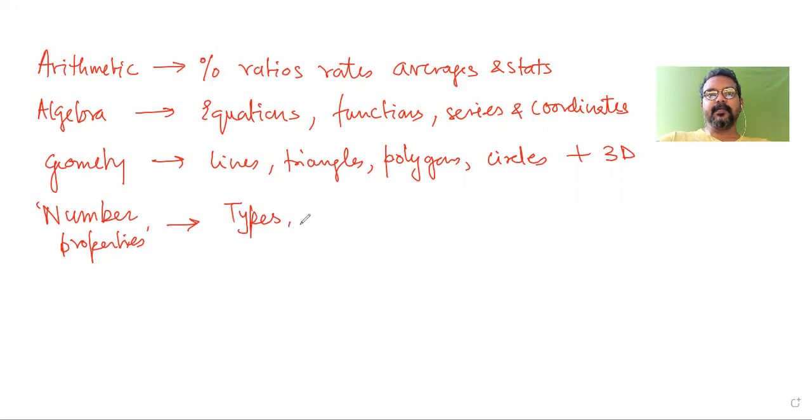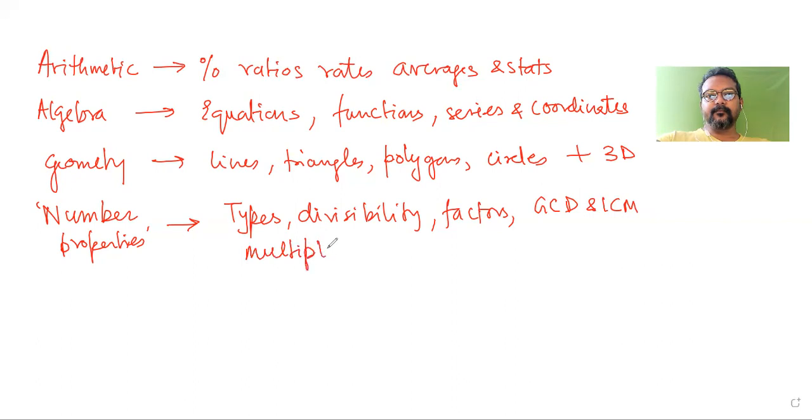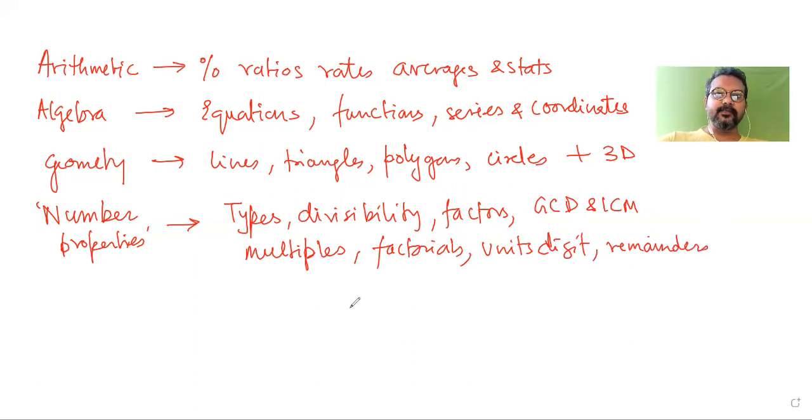So types of numbers, then divisibility rules, then factorizing factors of a number, the GCD and the LCM concepts, then multiples of a number, like not only the least common multiple, but multiples in general of numbers, factorials, units digit, remainders, and other miscellaneous properties. That also is a part of the course.